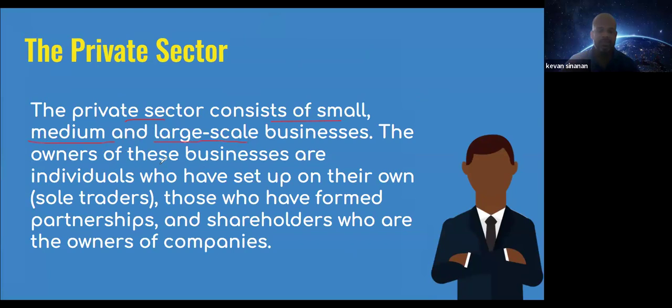And these companies are owned by individuals who would have set up their own sole trader or partnership, and they are more or less the owners of the company. So they are companies or businesses that are owned by individuals or groups of individuals. Okay, we got that? That's the private sector.